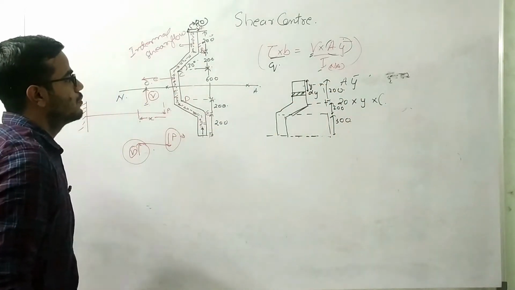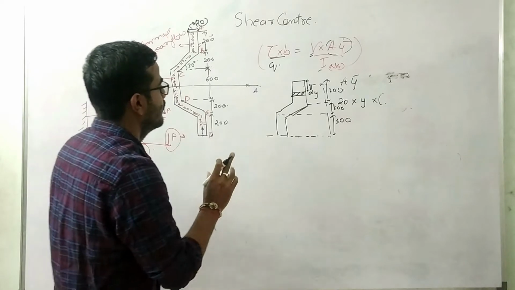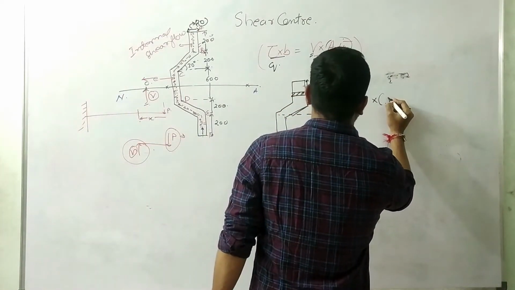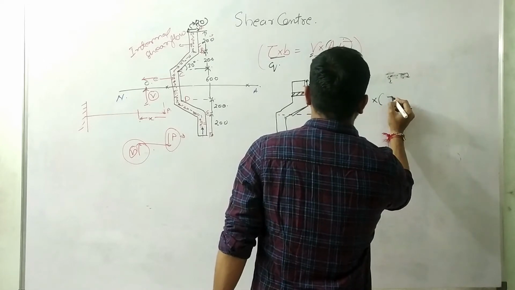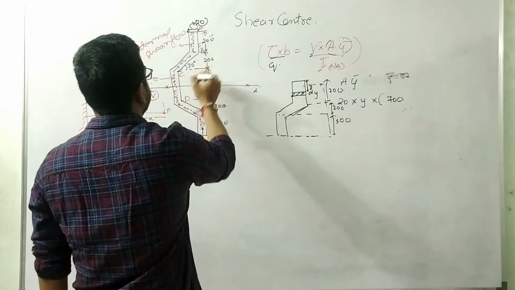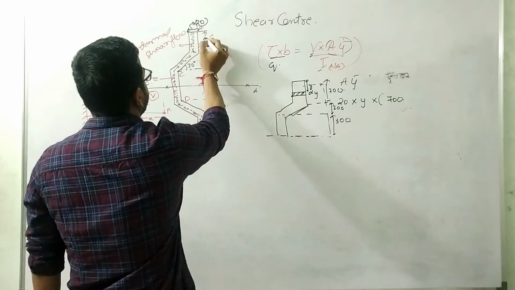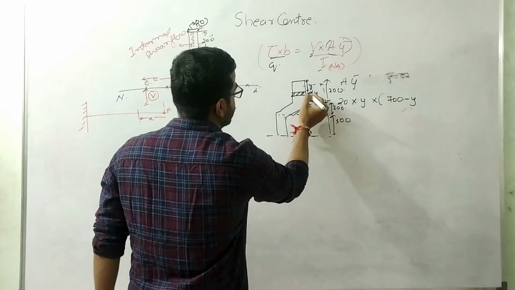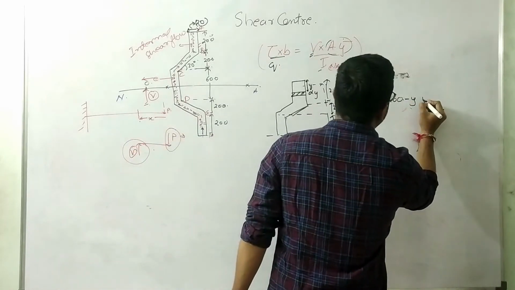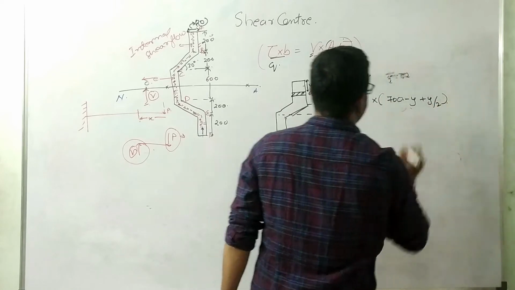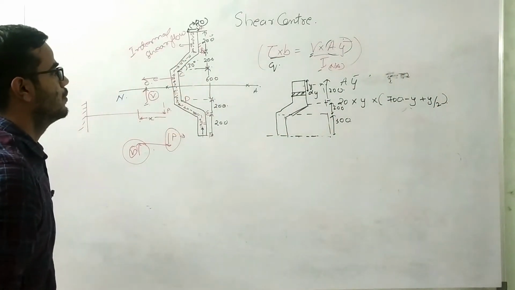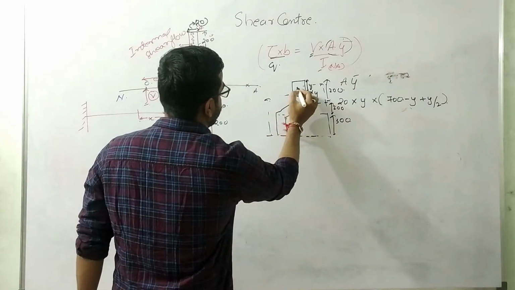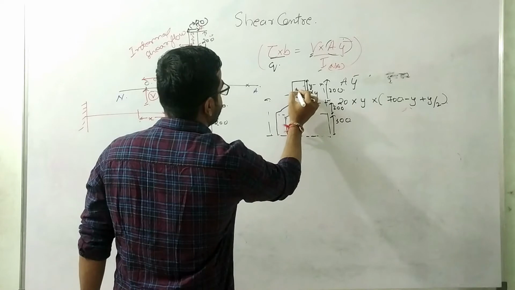So I can write y bar as 700, this complete distance, minus y, which will give me the distance up to this element, plus y by 2, because I need to consider the area of this portion, and that will be my centroid.